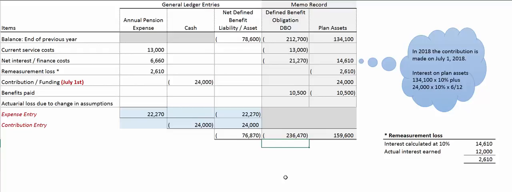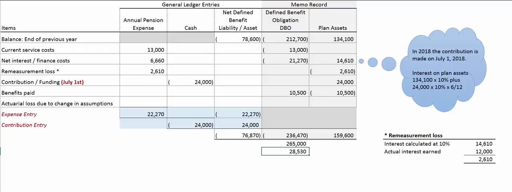What it doesn't show you in the textbook is they've actually determined that the plan has a defined benefit obligation of $265,000. And the difference between those two numbers is $28,530. That's the amount that is shown in the textbook as an actuarial loss due to changes in actuarial assumptions. I wanted to show you that because there's different ways this information can be presented in a question.